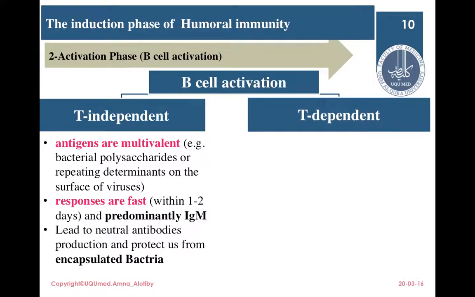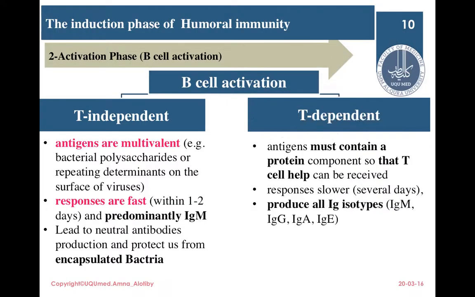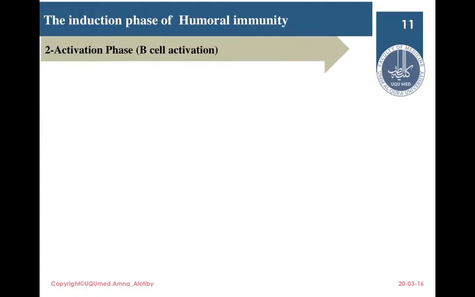The T-dependent responses are against proteins, and T cell help is a must. Responses are slower, taking several days, and they produce all isotypes: IgG, immunoglobulin M, A, and E. The antibodies produced have high affinity, and memory cells are also produced.